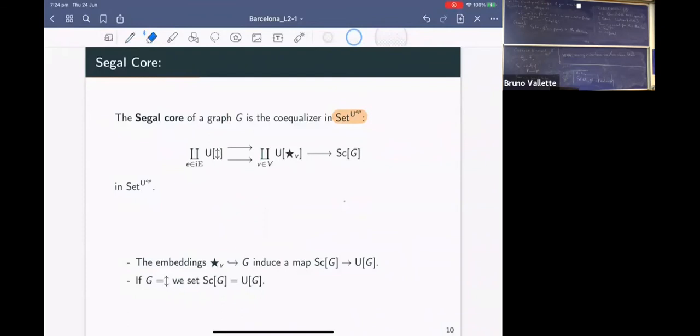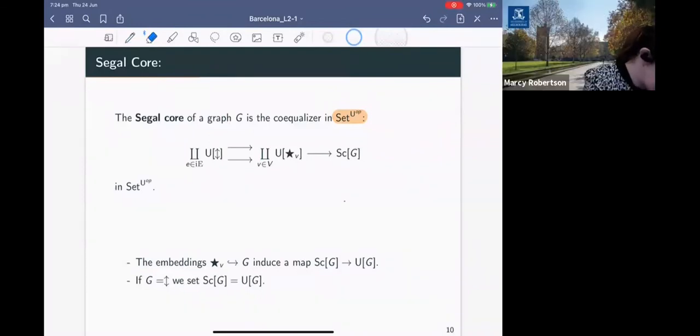So this is an object. Well, where does it sit? It's inside of the representable presheaf. So the embeddings that take the star vertex into G induce maps from the Segal core into the representable. And we're going to give these guys a name: these are Segal core inclusions.